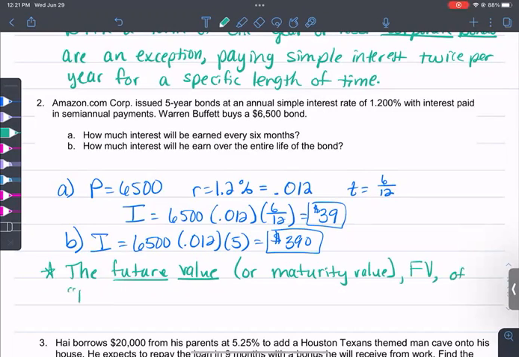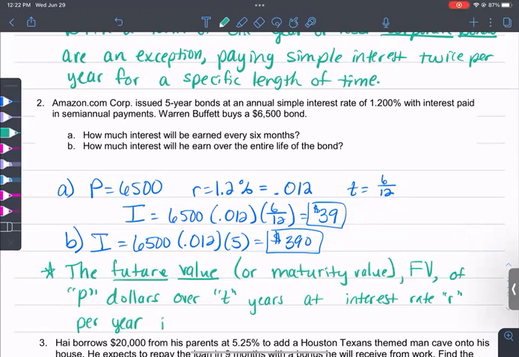And the future value of any P dollars, principal amount of dollars, over a time of T years at the interest rate R per year is calculated by future value equals P plus I.